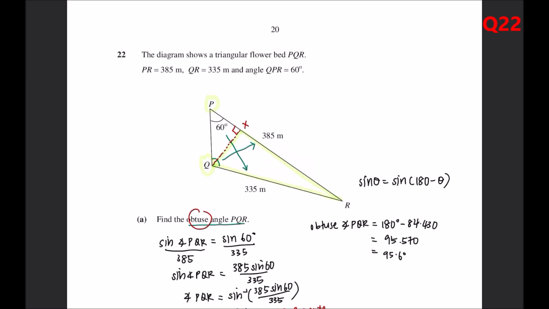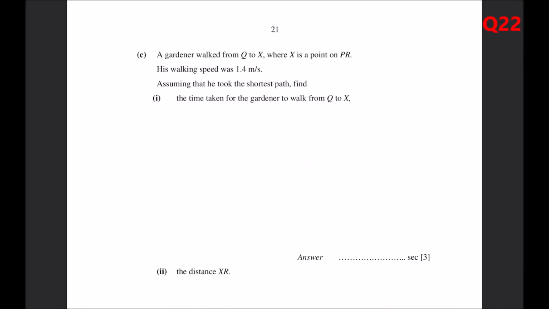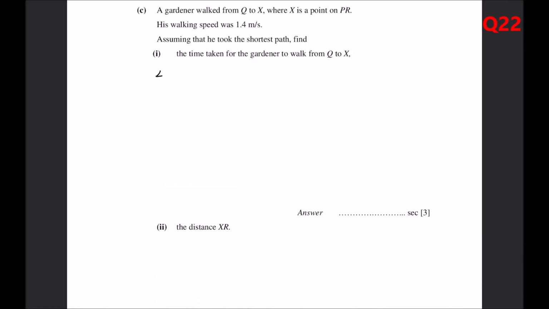I can find angle R first. So I'm going to find angle PRQ. PRQ is 180 degrees minus 60 degrees minus what you found previously, 95.57, and it will give you 24.43 degrees.